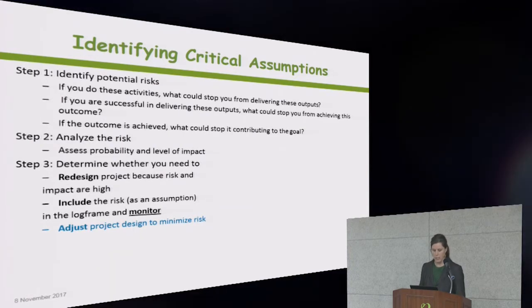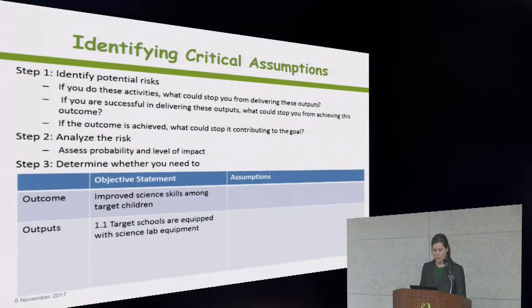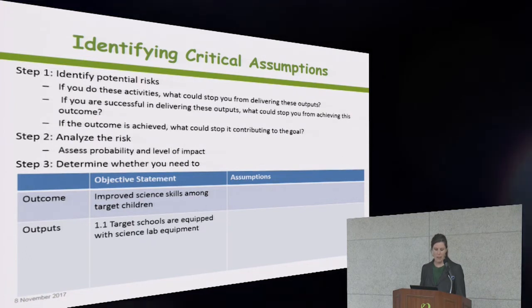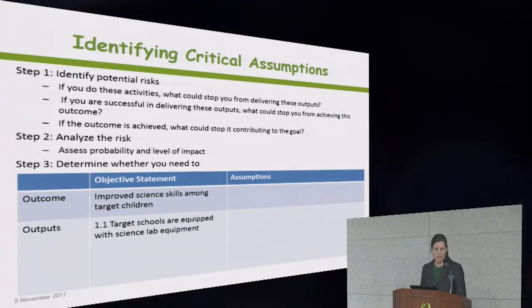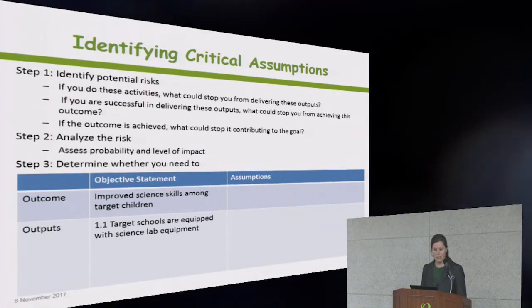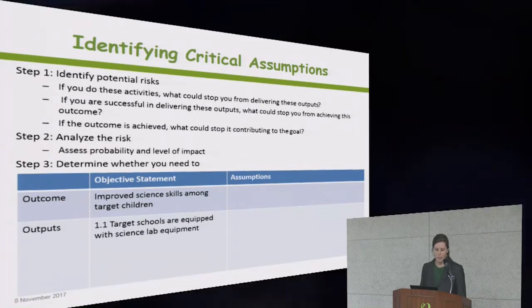So let's look at an example of when this can happen. So let's say that our outcome, we want to see improved science skills among target children. That's our outcome.